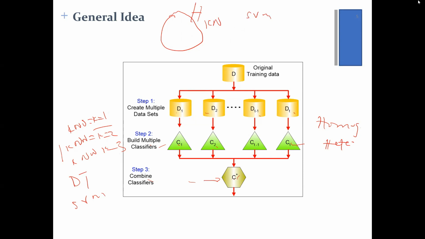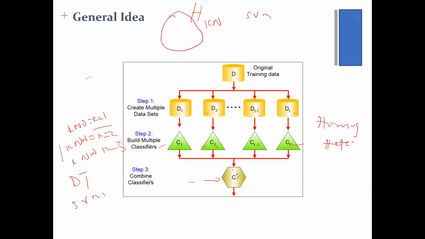This is why it's good to build an ensemble of different algorithms, so that your data set will be looked at from different angles. The mistake of one algorithm might not be the mistake of the other algorithm. And by so doing, when you combine them together, the mistake of one will be nullified by the correct performance of the others. And we are going to see an example shortly.